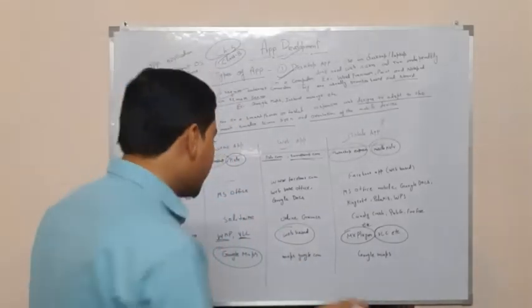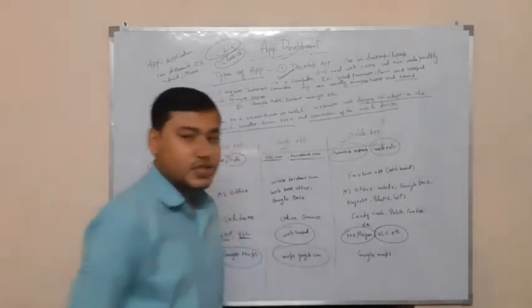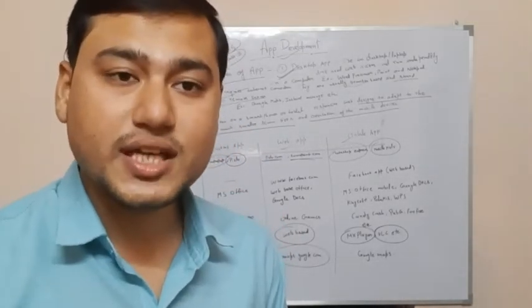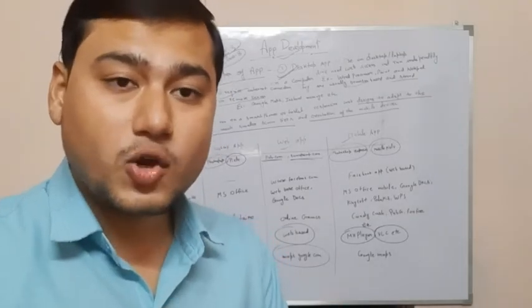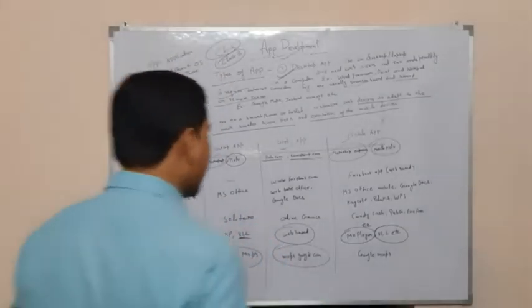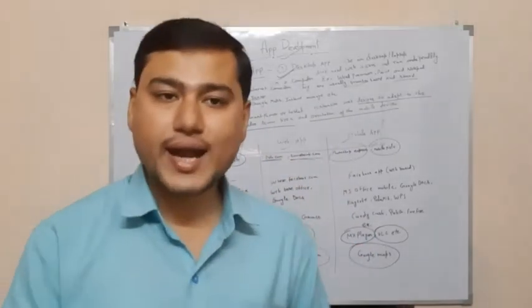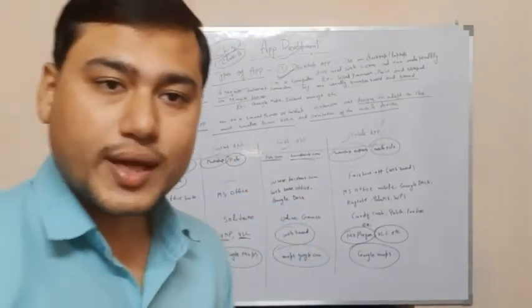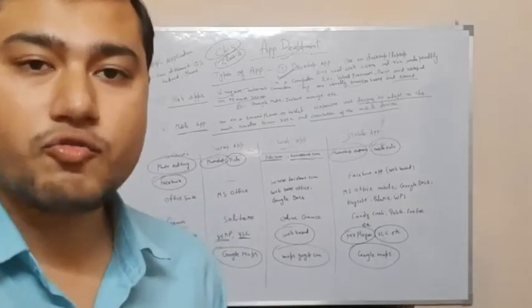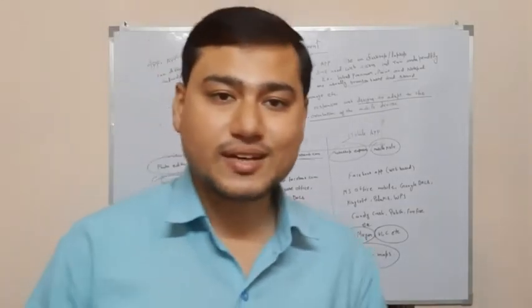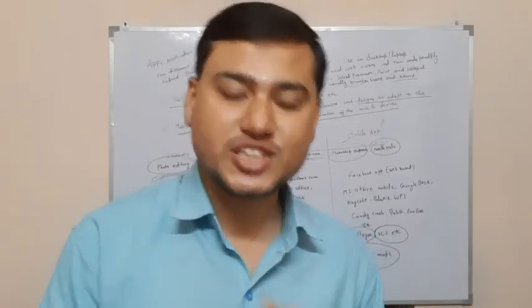Suppose you write maps.google.com in the web browser, so you can easily access your location. Google Maps is also present in the Play Store and App Store, so you can easily find your location with the help of GPS. What is the full form of GPS? The full form of GPS is Global Positioning System.